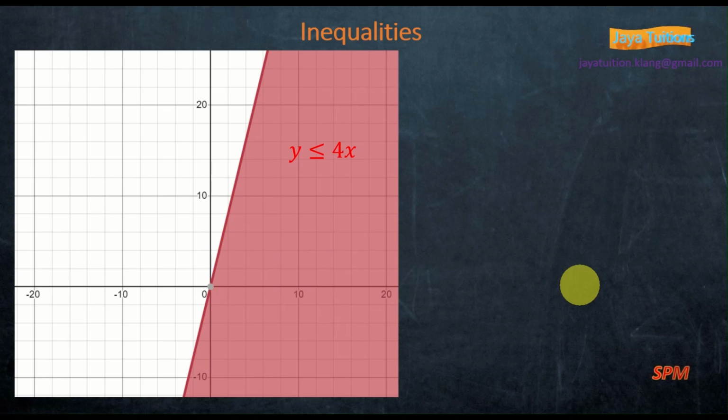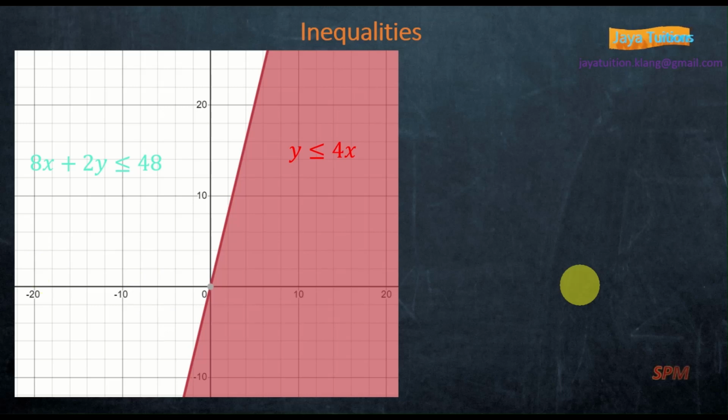Further, you have to plot a graph of 8x plus 2y less than or equal to 48. So in the equation 8x plus 2y less than or equal to 48, put the value of x equal to 0.